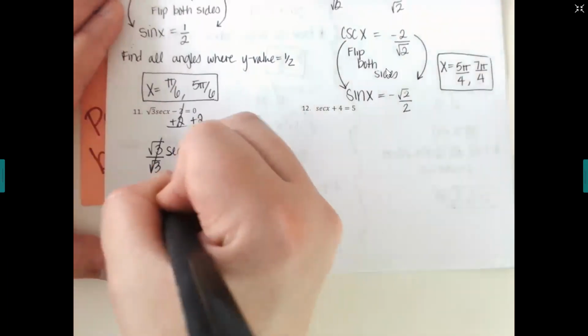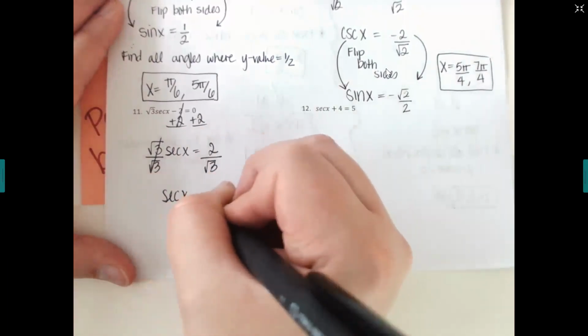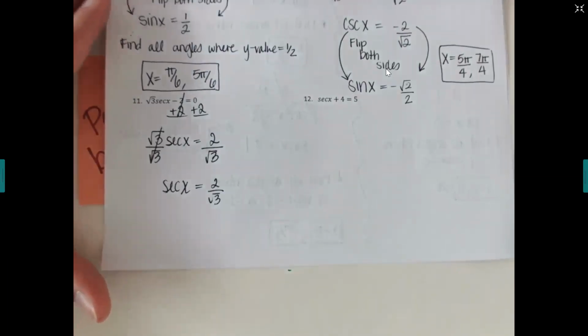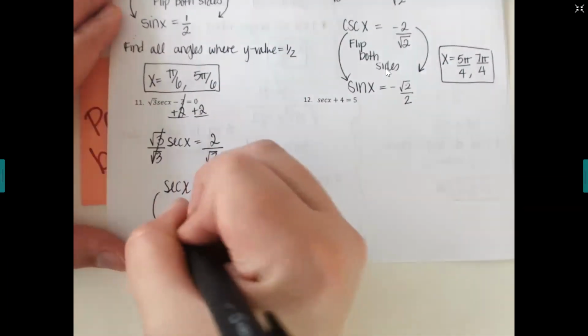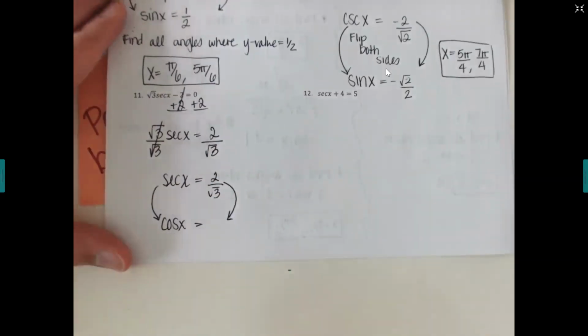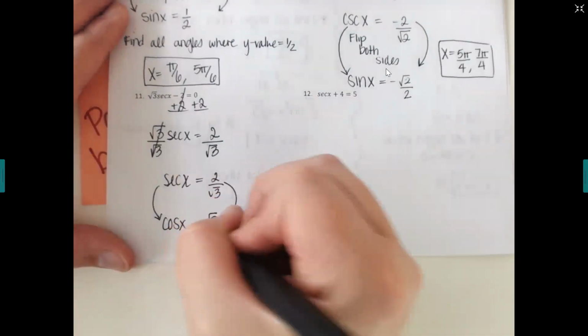So I have secant x equals 2 over root 3. And then secant is not on your circle, but if I flip both sides, what will secant turn back into? Cosine. And what will my fraction flip back to? Instead of 2 over root 3, now it's root 3 over 2.